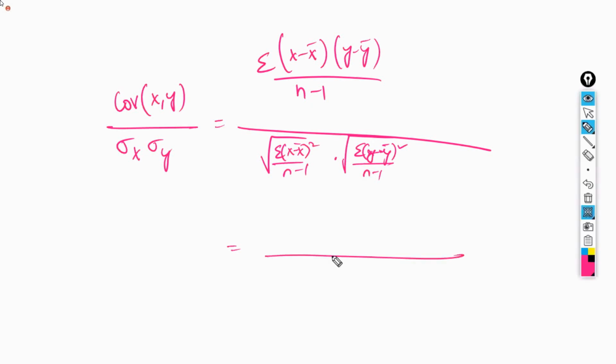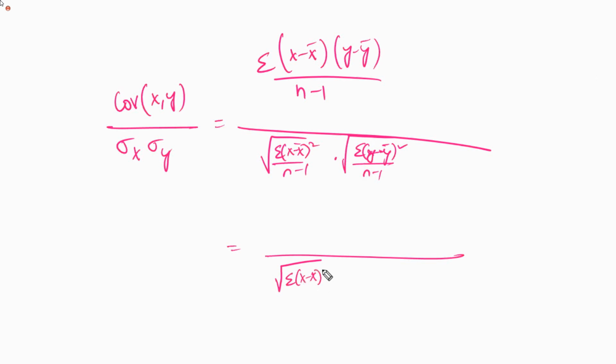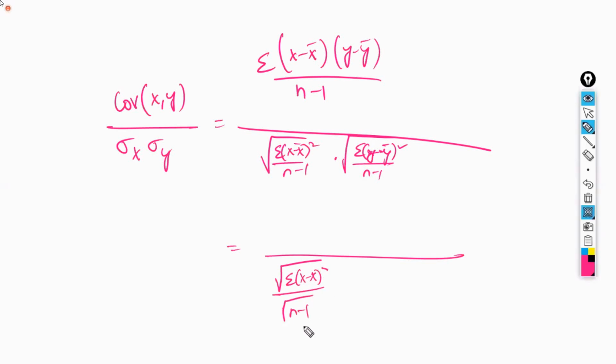Numerator you keep as this. Denominator I am going to change. Can I write the square root of sigma of (x minus x bar) whole square divided by the square root of n minus 1, into the square root of sigma of (y minus y bar) whole square divided by the square root of n minus 1? Can I write like this?